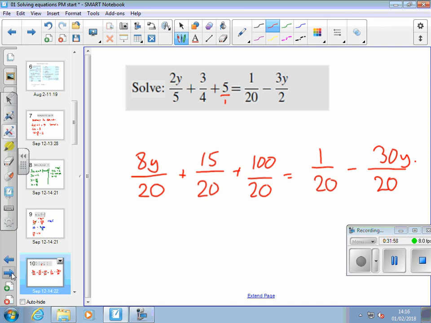Because you can write a whole integer as that integer over 1. So to turn that into 20, I've got to multiply by 20. Multiply 5 by 20 gives you 100. Whatever I do to the bottom, multiply the denominator by 20, I've got to multiply the numerator by 20 as well, and then I've effectively still got the same number.